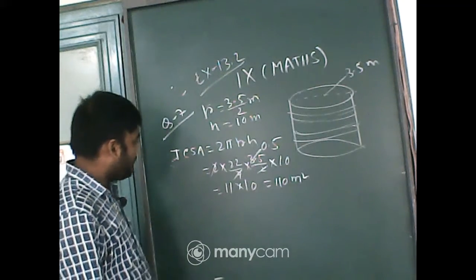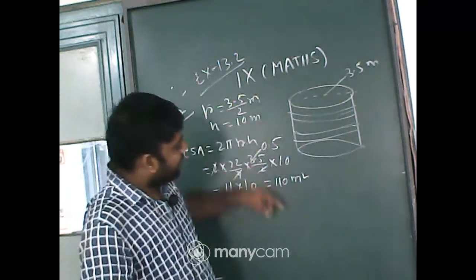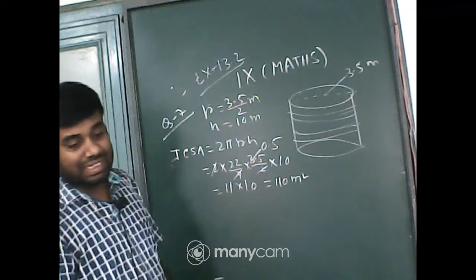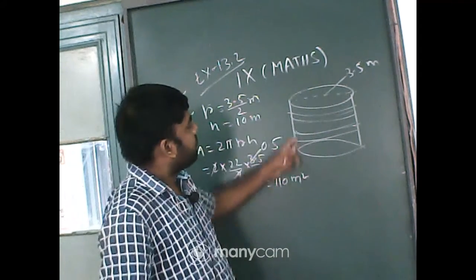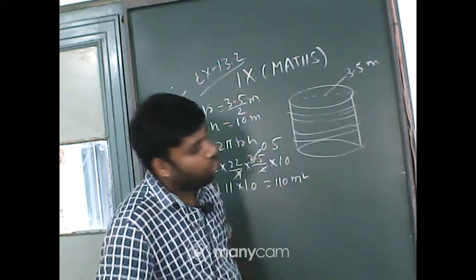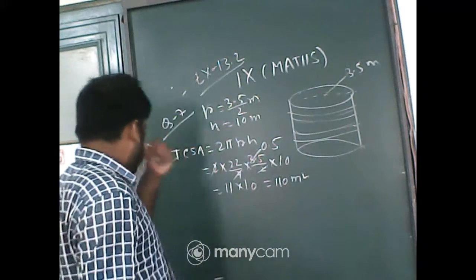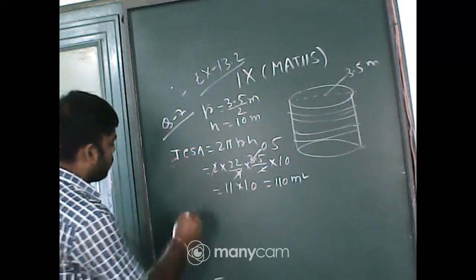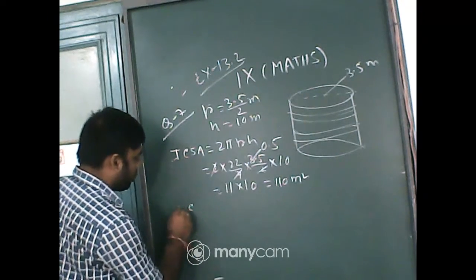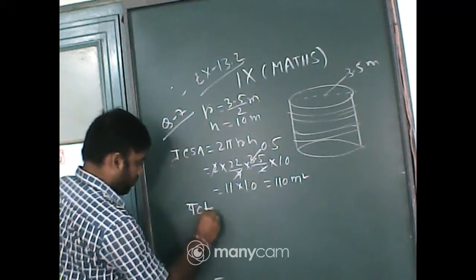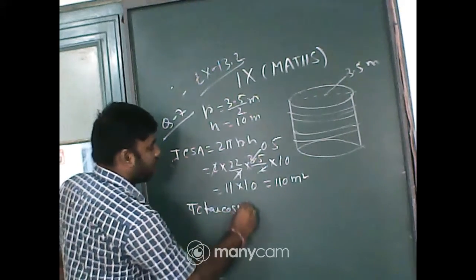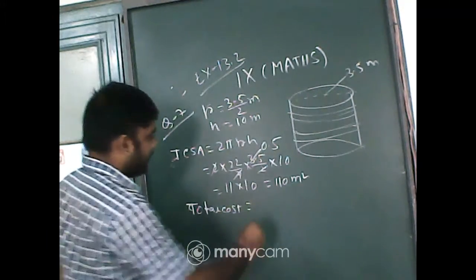Now one thing, students, the second part asks what is the cost of plastering. We know that total cost equal to rate into area.